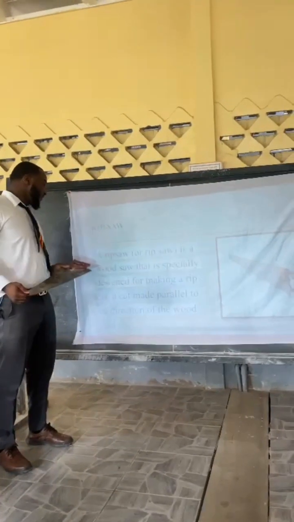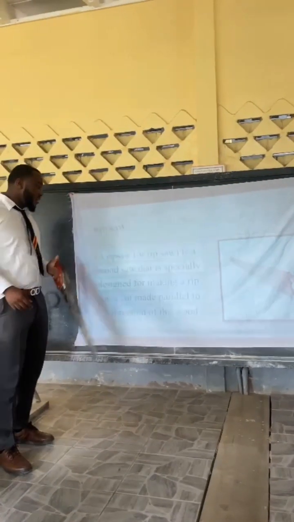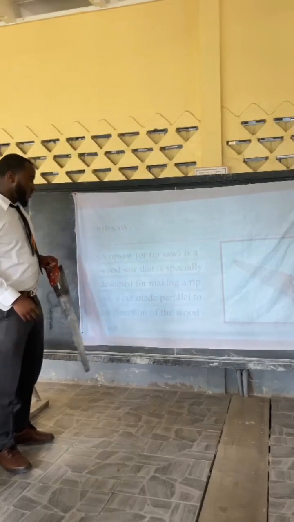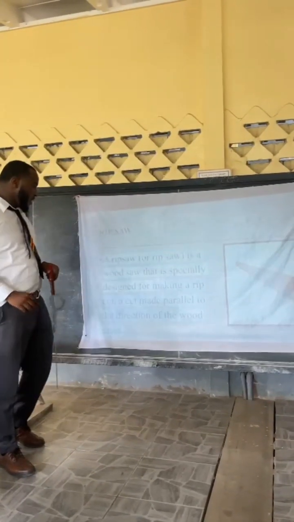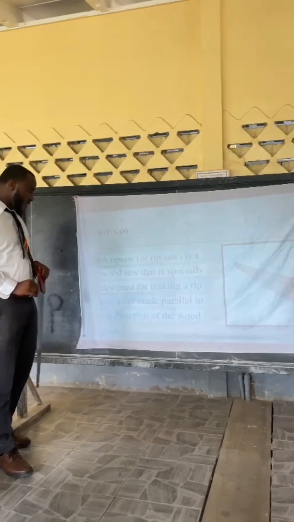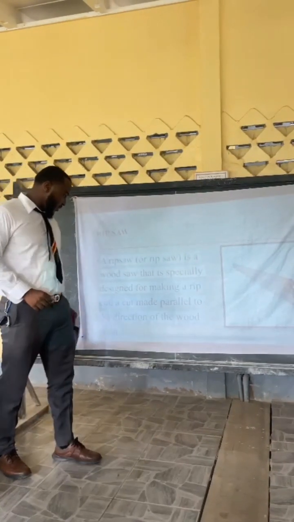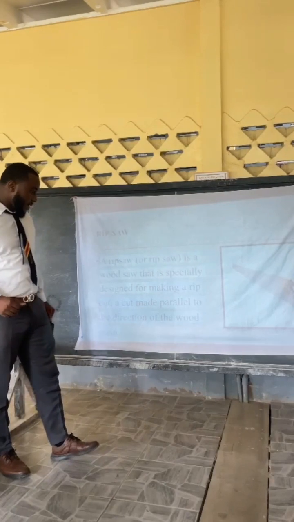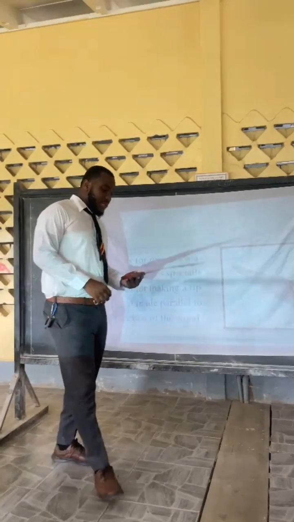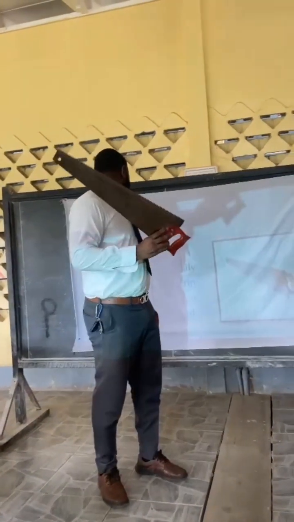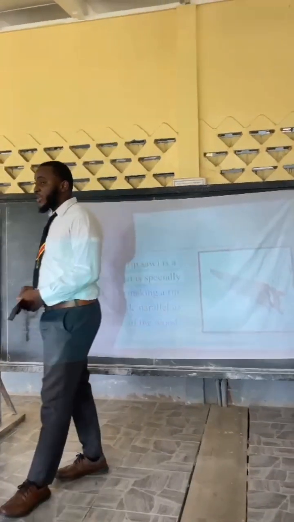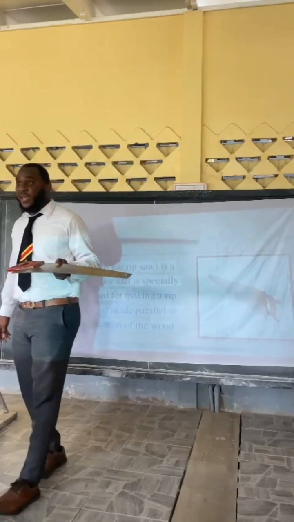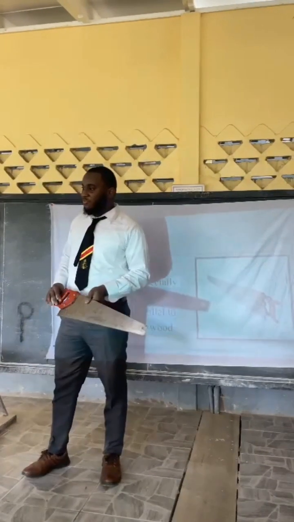It is a wood saw that is specially designed for making a rip cut, a cut made parallel to the direction of the wood grain. So this rip saw cuts parallel to the wood grain, and it only cuts in one direction.